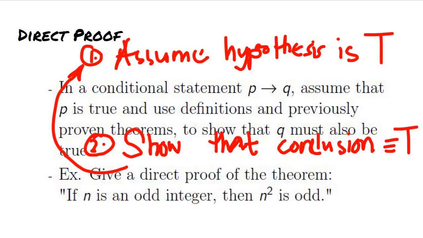So let's give an example. Give a direct proof that if n is an odd integer, then n squared is odd. So let's rewrite this.